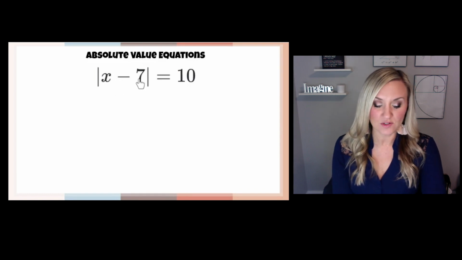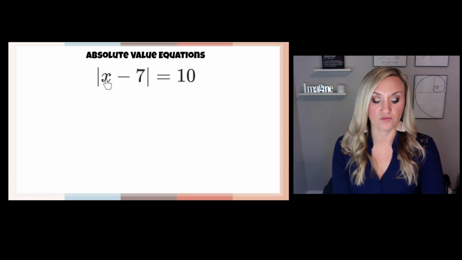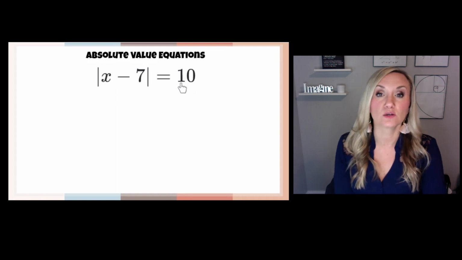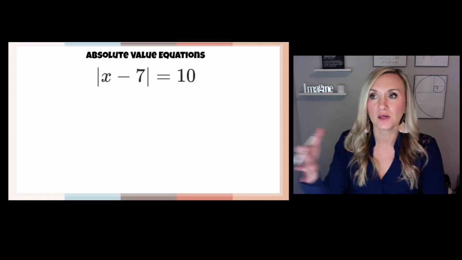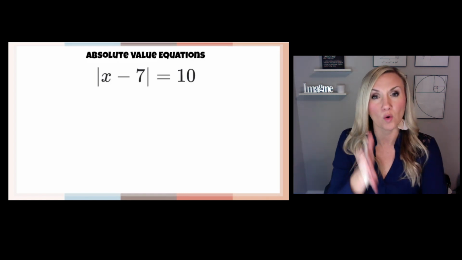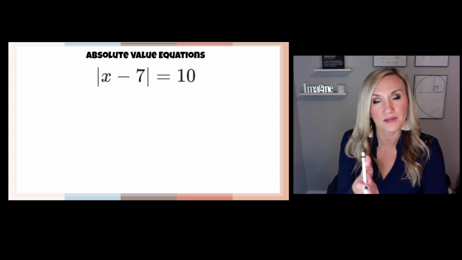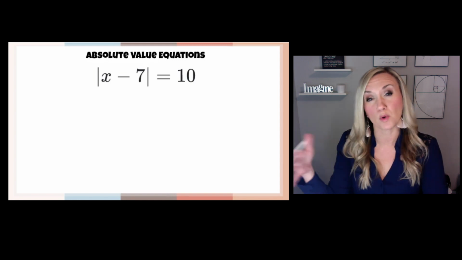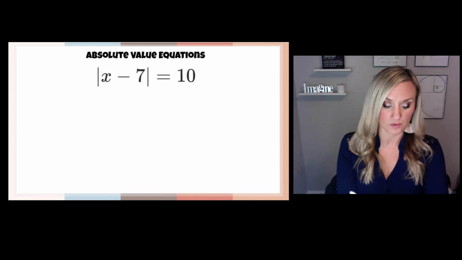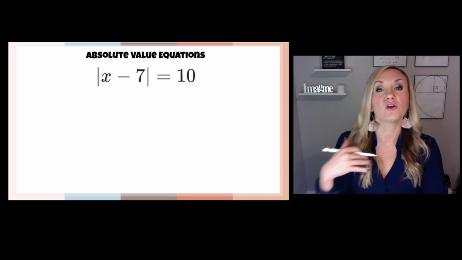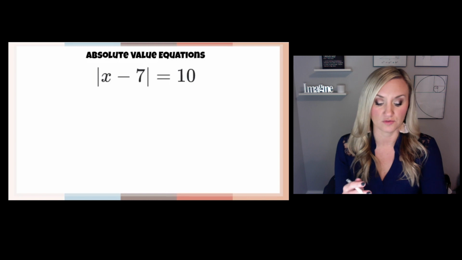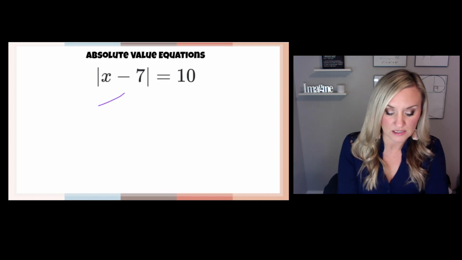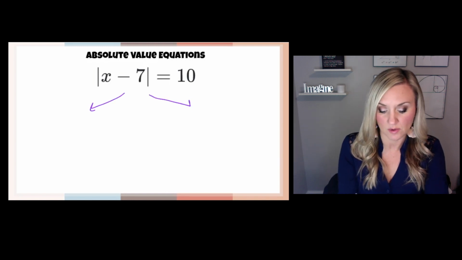So I want you to think about whatever we plug in for x and do this math, it's going to be the distance away from 0 on the number line, but we need to represent both negative and positive away from 0, right? Because absolute value represents both distances, even though they're positive. And so in order for us to represent both distances from 0, negative and positive, we need to break this up into 2 separate equations.